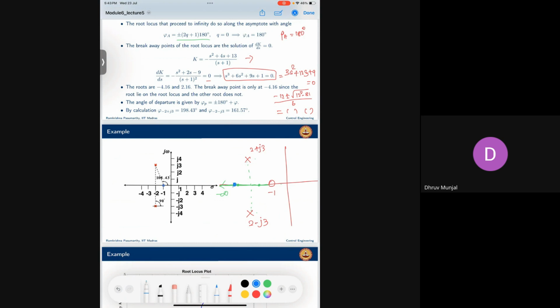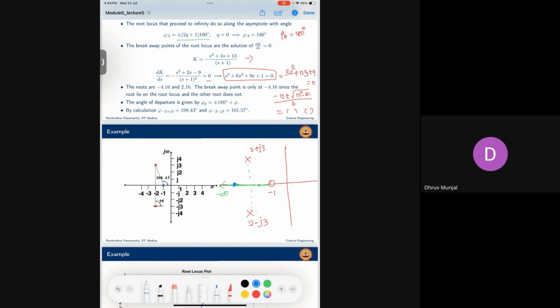Here minus 4.16. Why is it breakaway? It is not in between anything. So based on the next step, we will consider whether it is breakaway or break-in. Okay, they have given it as breakaway. Let's see first, and then these 5 rules are completed, and then we are calculating the angle of departure.